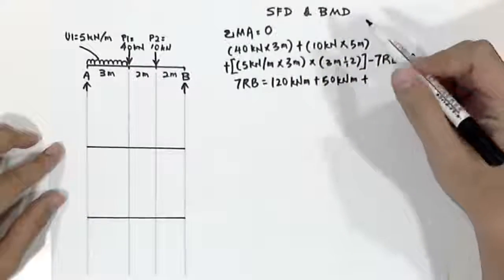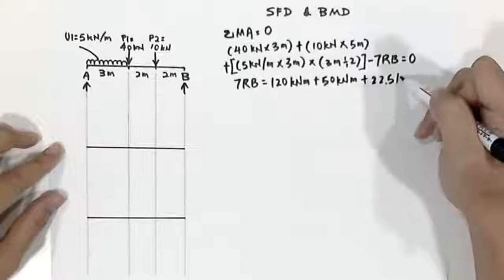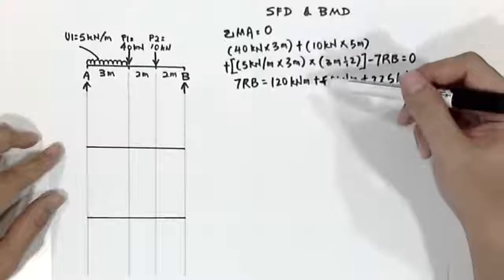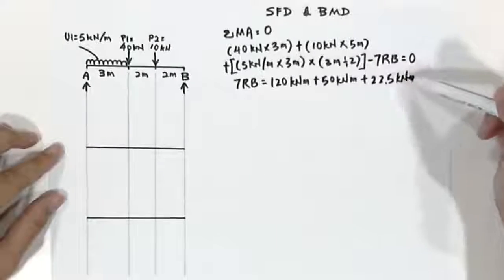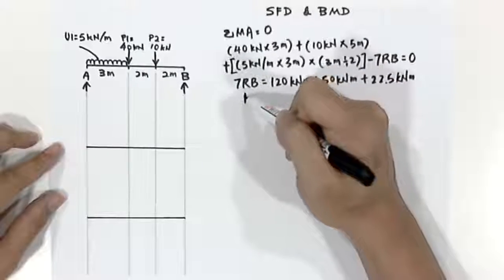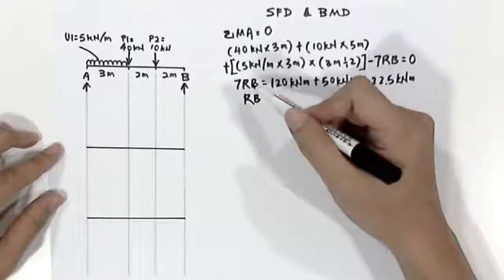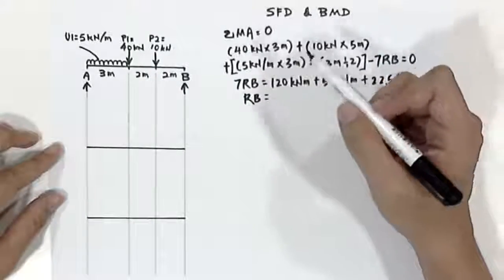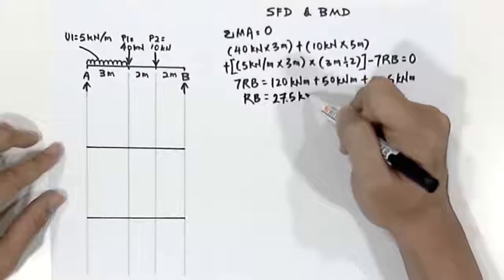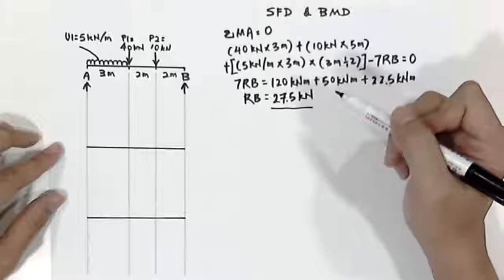If you sum up all this, remember that you should always write down your dimension, so that you will not get confused. Later, you will get RB by factoring out the number 7. Therefore, you get RB as 27.5 kilonewton. Okay, so now we have our RB.